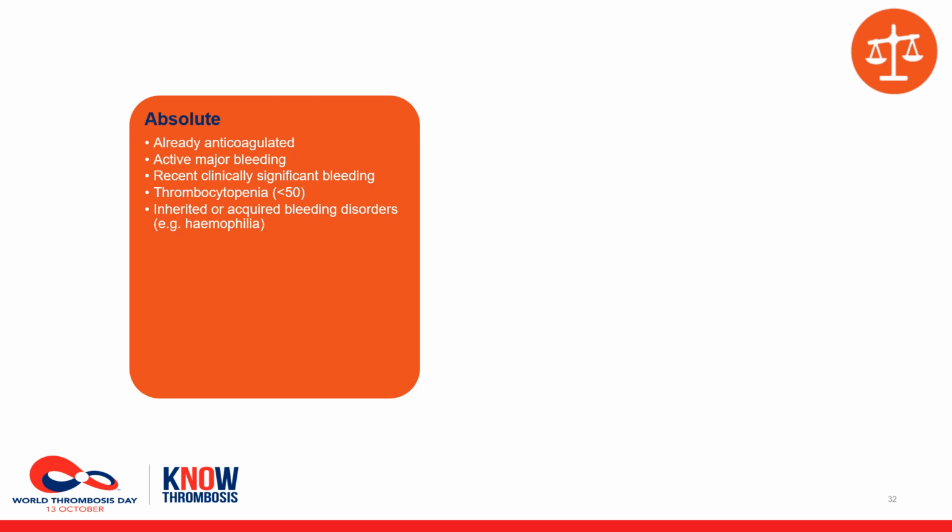Are they in active major bleeding, recent clinically significant bleeding, high risk of bleeding with thrombocytopenia, platelets below 50? This is especially relevant to oncology patients receiving chemotherapy. And if they have any inherited or acquired bleeding disorders such as hemophilia. So a lot of those things are pretty much common sense.